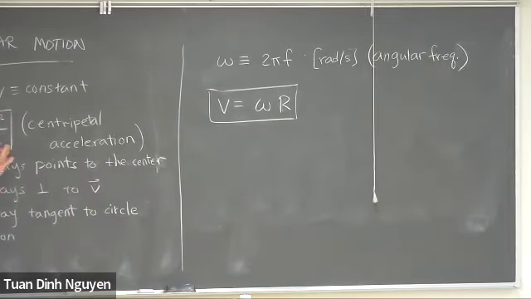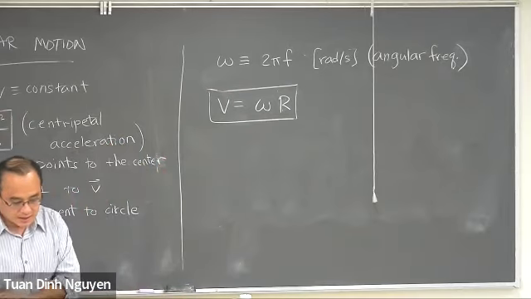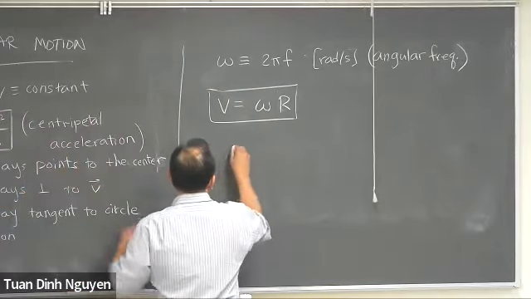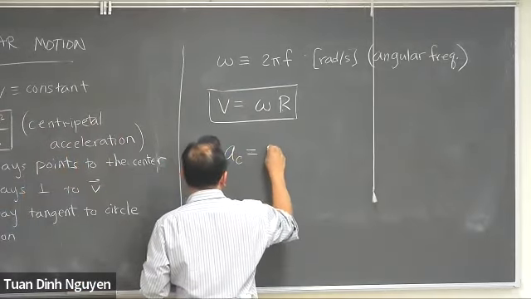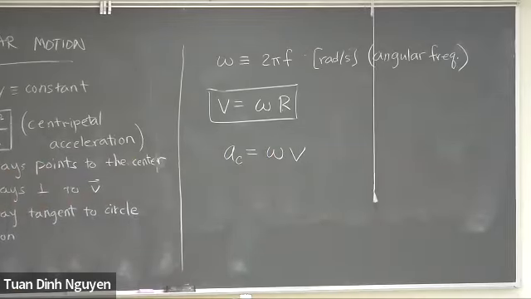So the further you are, the faster you go. And you can do all the manipulations and also show that the centripetal acceleration is omega times v. Okay, any questions?